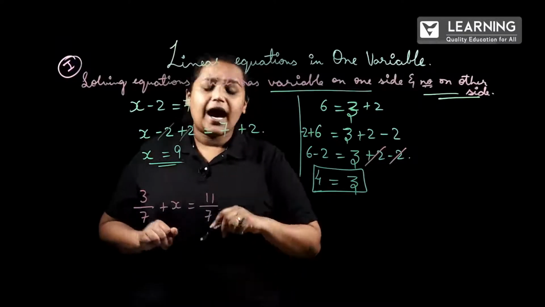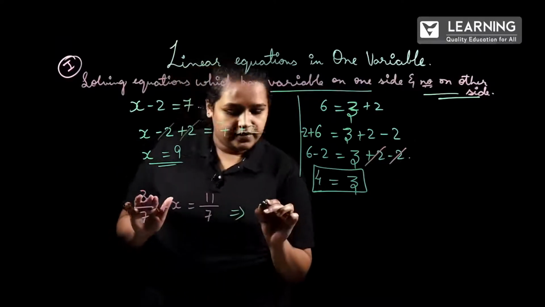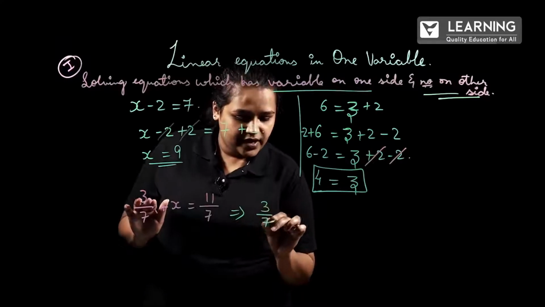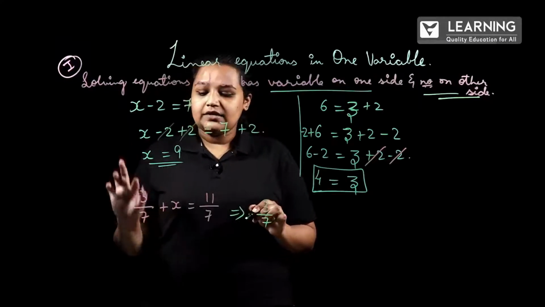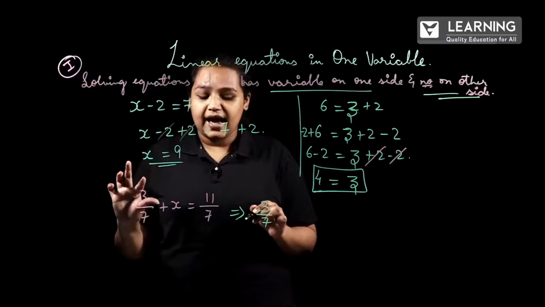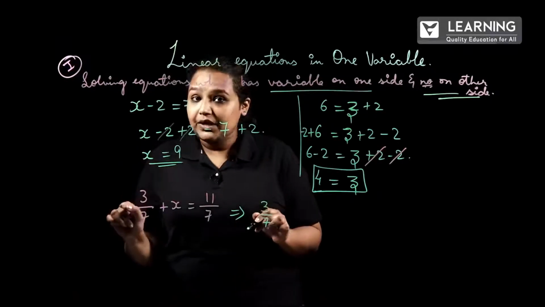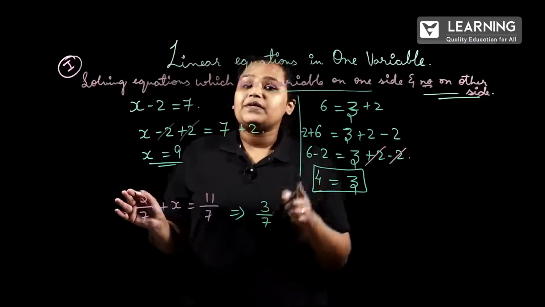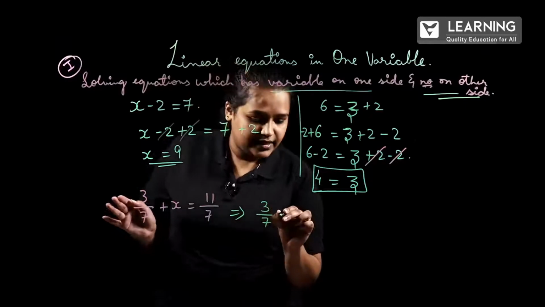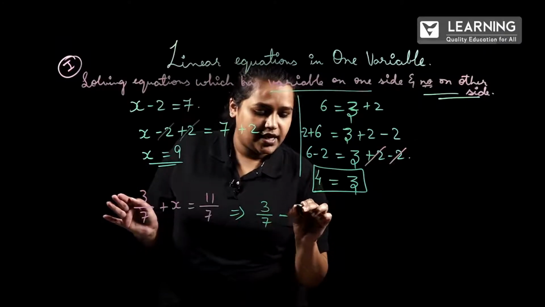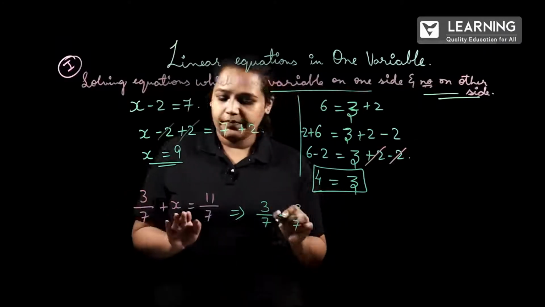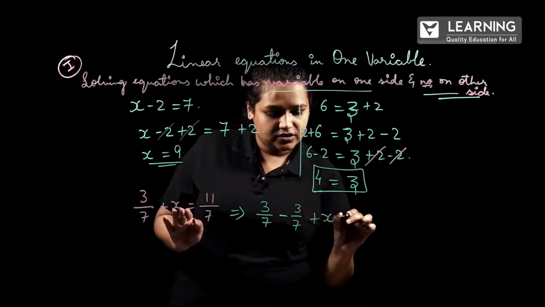For this, how to solve? 3 by 7, take it as it is. Since this fraction has no sign, it means positive. So the opposite sign of positive is negative, that is minus 3 by 7 plus x.